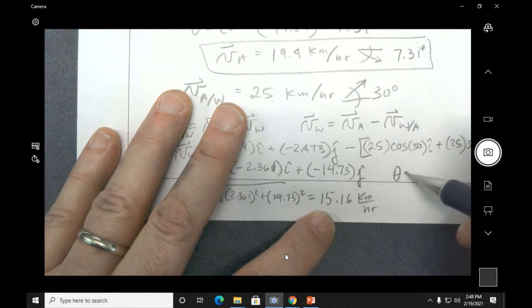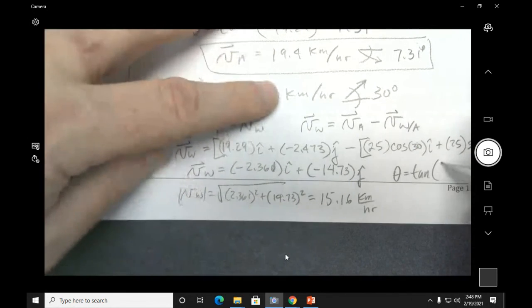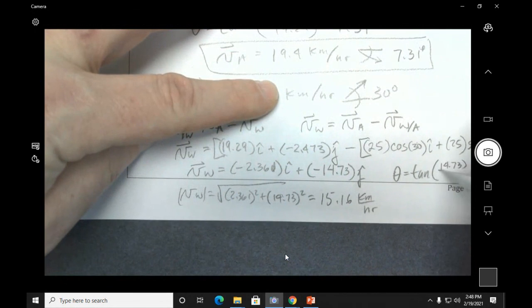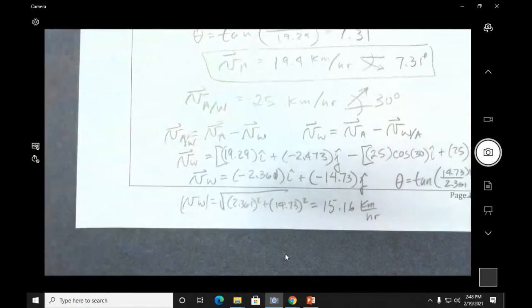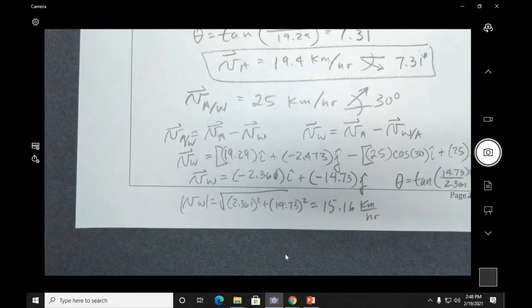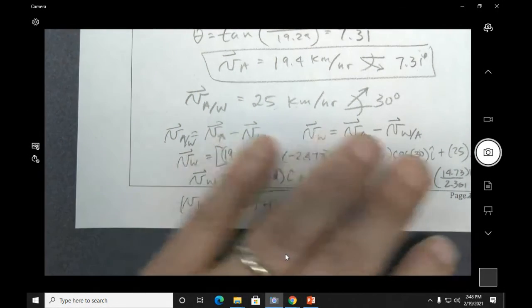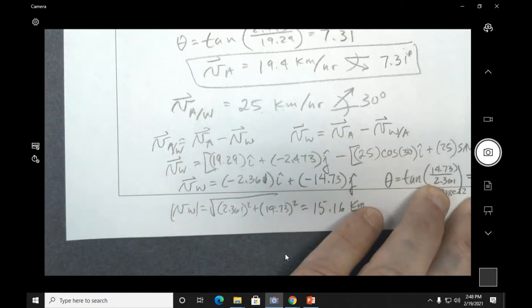The angle is the inverse tangent of 14.73 over 2.361, which is going to be a pretty big angle, like 80.89 degrees.